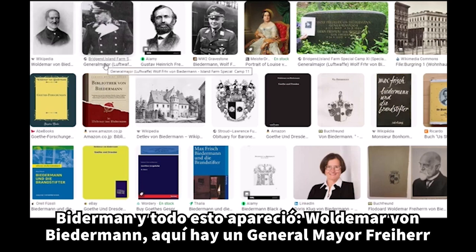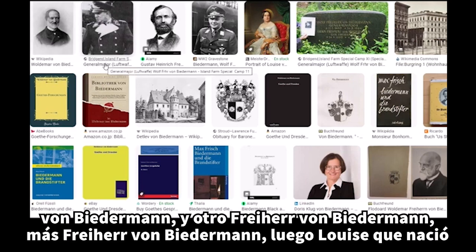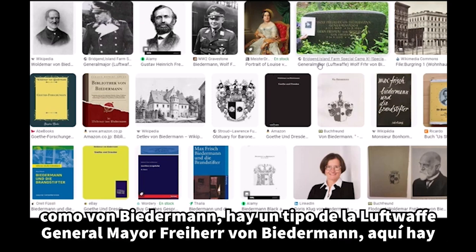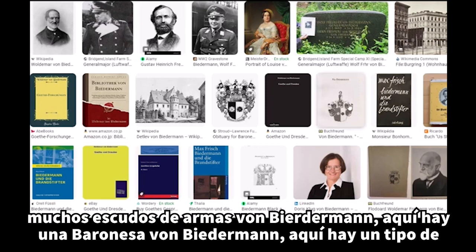Here's a General Major Freiherr von Biderman, another Freiherr von Biderman, more Freiherr von Biderman, and here Louise, she was born Biderman. There was a guy from the Luftwaffe, a General Major Freiherr von Biderman. Here you got a lot of coat of arms von Biderman. Here's a Baroness, the Baroness von Biderman.